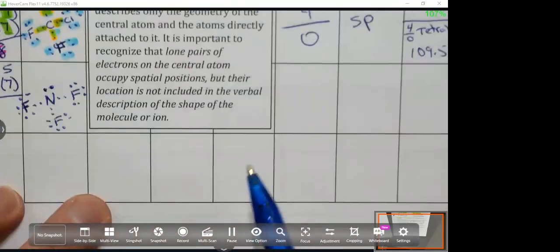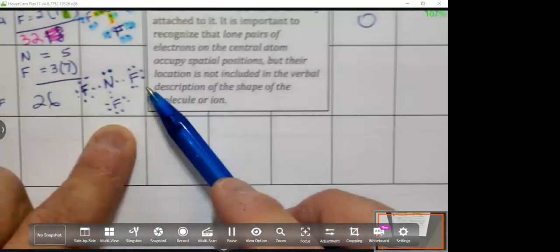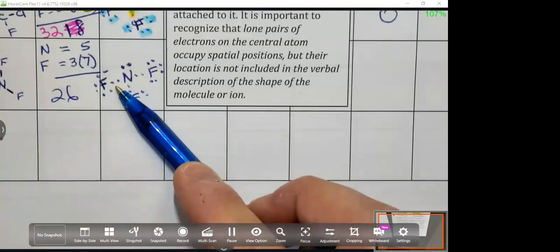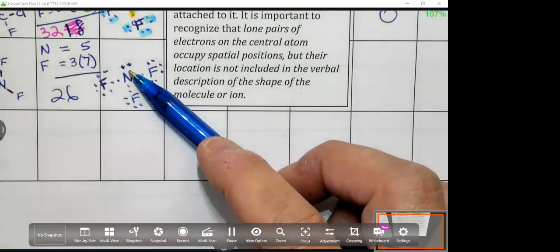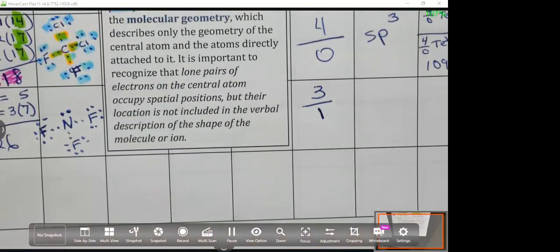Now, how many bonding domains on the central atom? 1, 2, 3, right? 3. How many non-bonding domains or non-bonding pairs? 1. This is a 3-1. Look at your blue sheet for a 3-1.